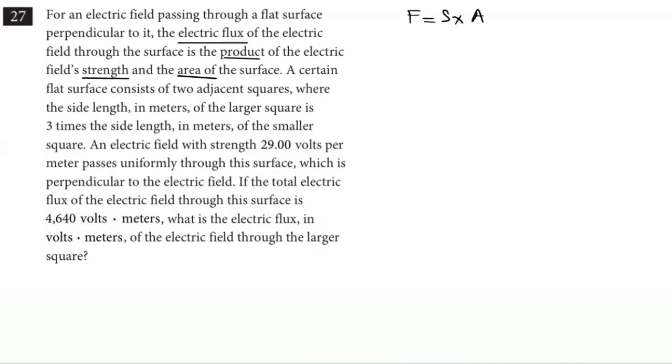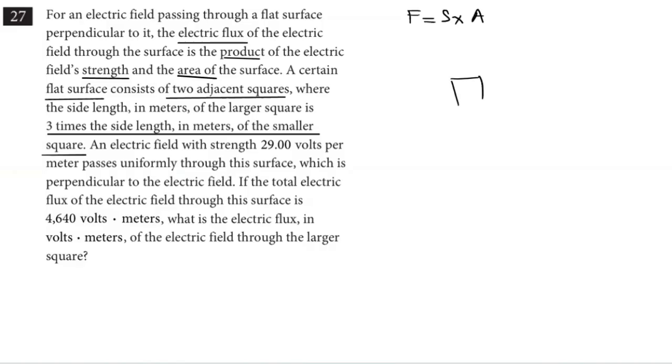A certain flat surface consists of two adjacent squares, where the side length in meters of the larger square is 3 times the side length in meters of the smaller square. I'm just trying to connect with the problem.